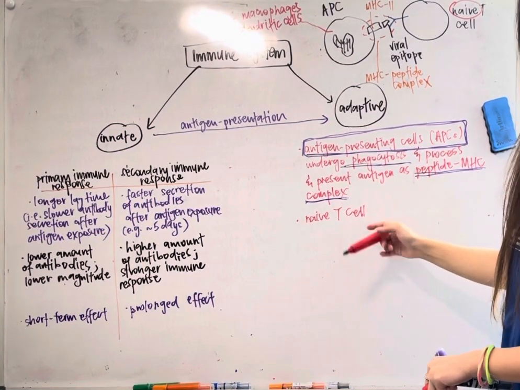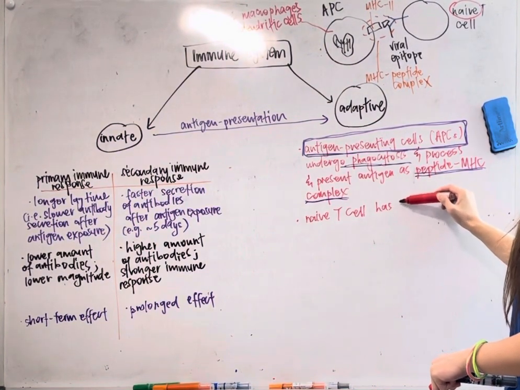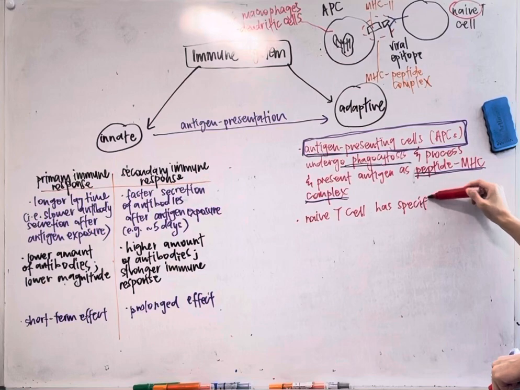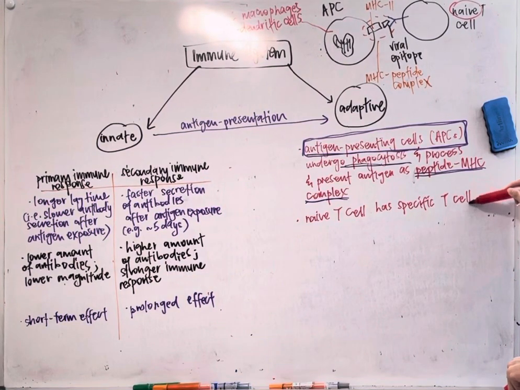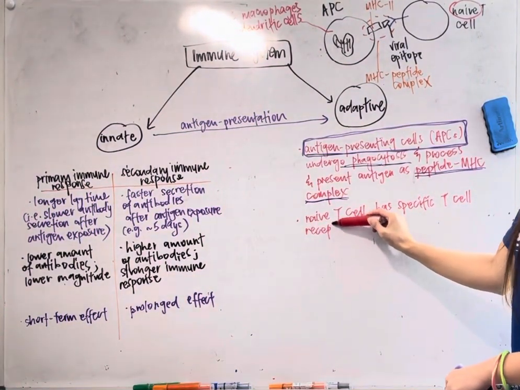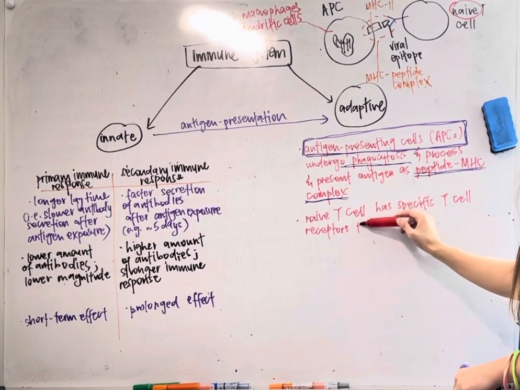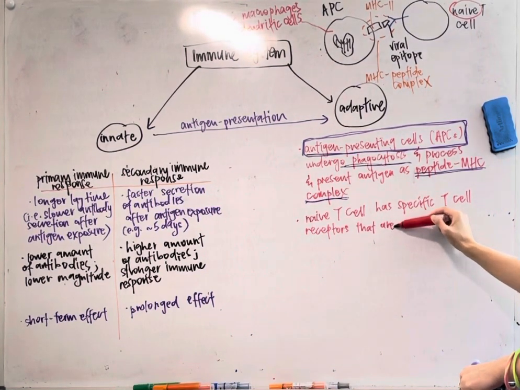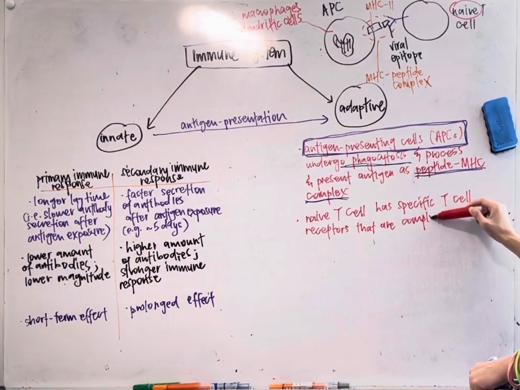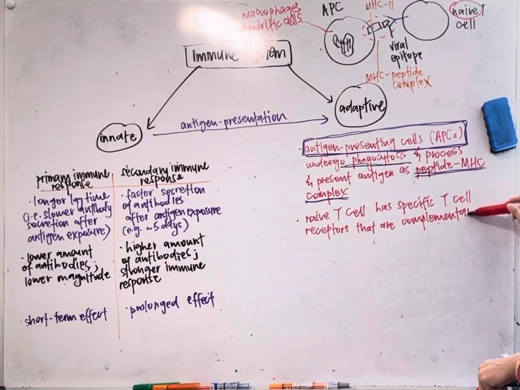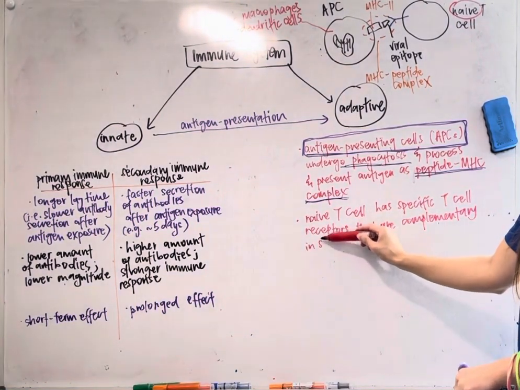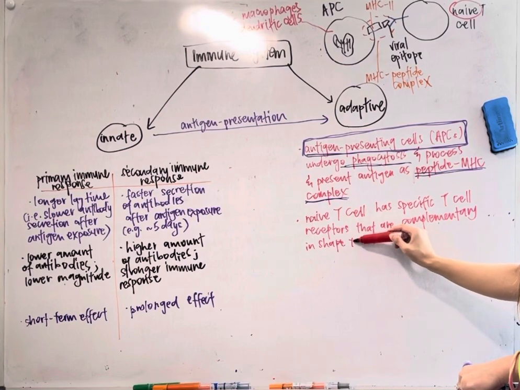So the naive T cell, you must tell me, let me write down first. Keyword is complementary in shape.